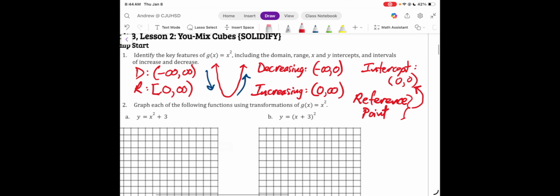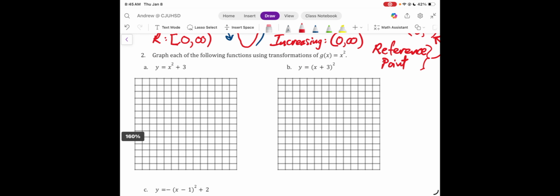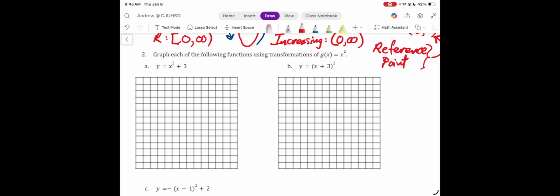Okay, so these questions here would be from last year. Graph each of the following functions using transformations of x squared, right? G of x is x squared. So the first one, this plus 3, that's a shift up.